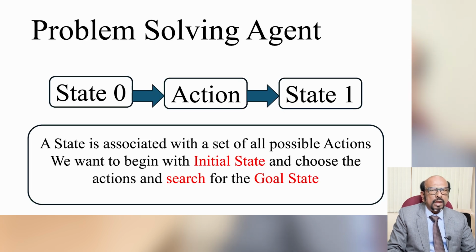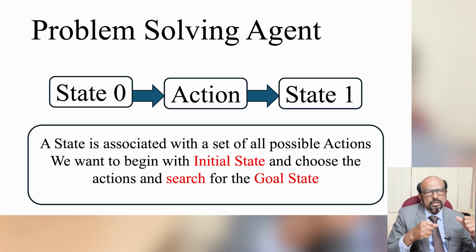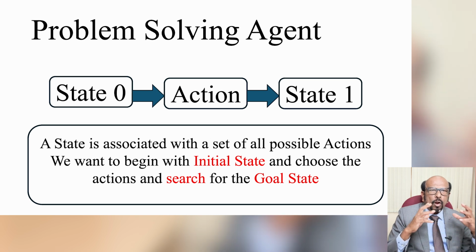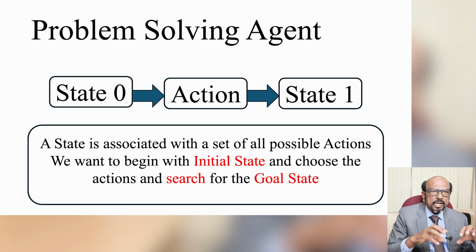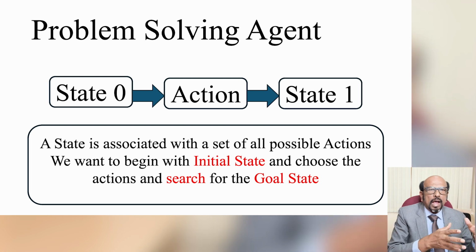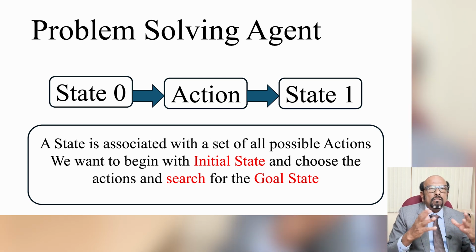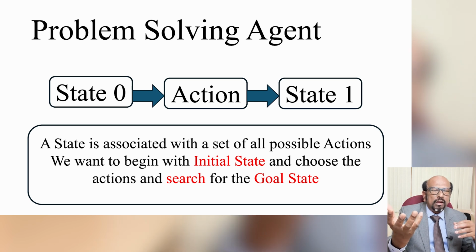We have already studied that whenever a problem has to be picked up by a problem solving agent, we see the problem as a set of states. We are at an initial state. When we want to solve the whole thing, the solution is available in another state.